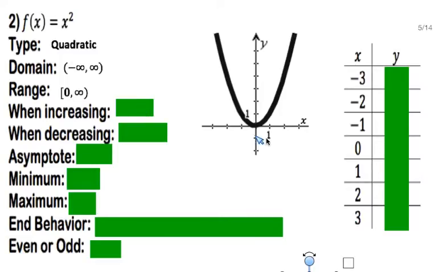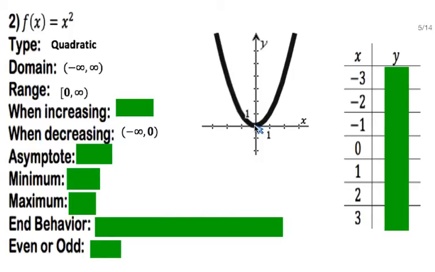And when is this increasing? Well, if we're moving from left to right, we're actually decreasing here. So from negative infinity to 0, and these are our x values. Hopefully you guys have picked up that when we talk about increasing and decreasing, we're talking about our x values. So we decrease from negative infinity to 0.